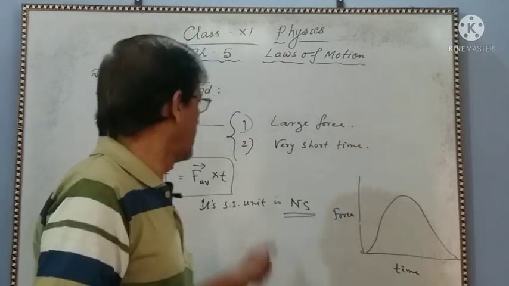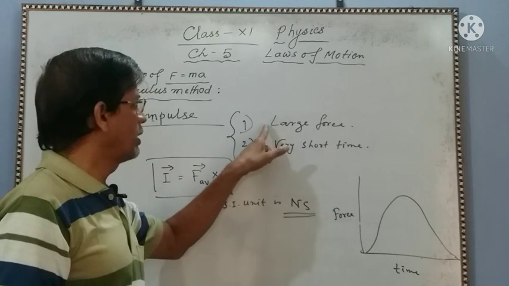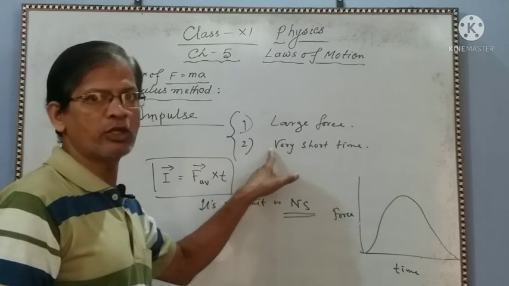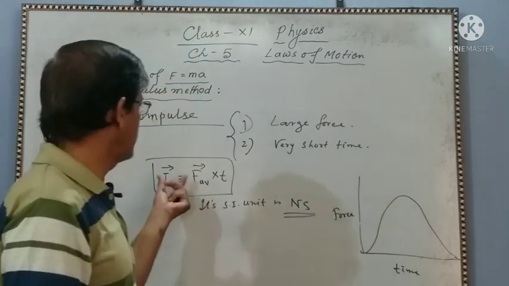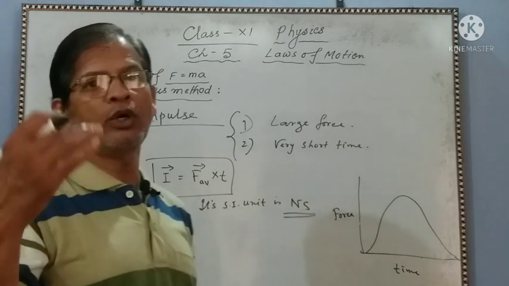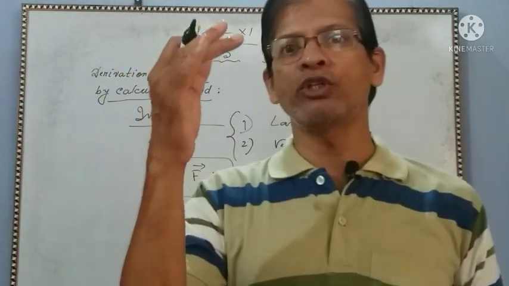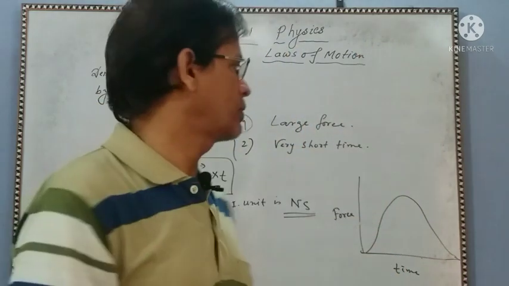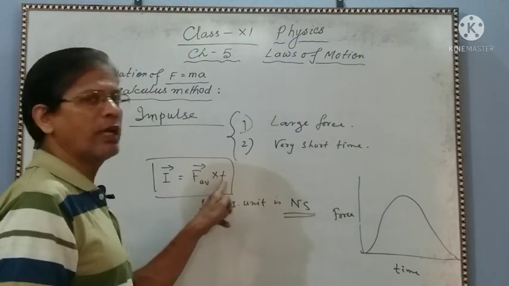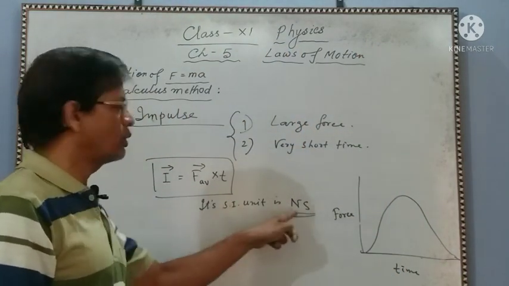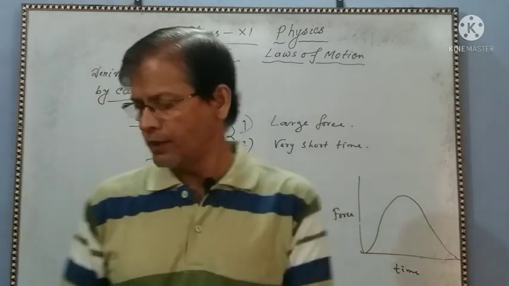So we need two things: large force, very short time, and it is denoted by I. Since impulsive force is not constant, we have taken average force, so F average into time. Unit is Newton second.